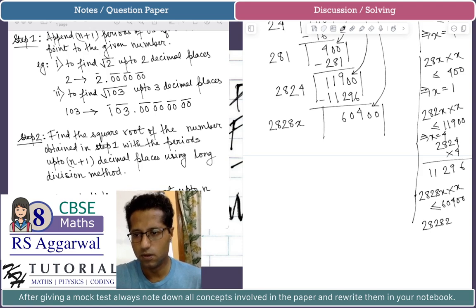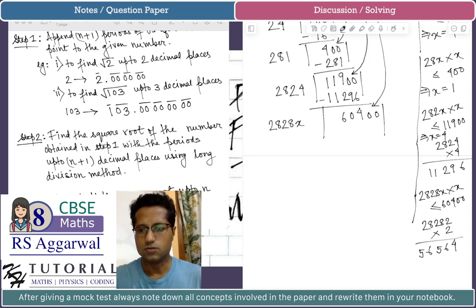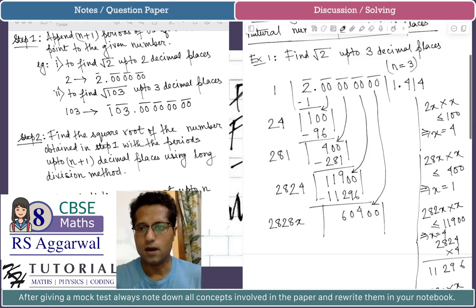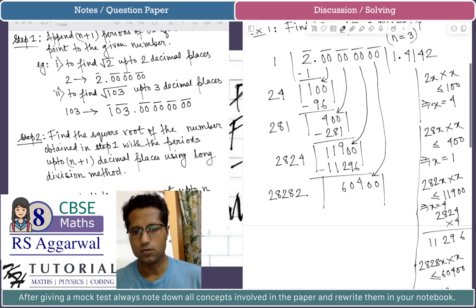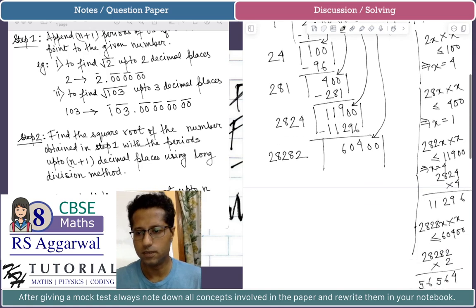28282 multiplied by 2 is 56564. So x is 2. We put 2 over here, and also we append 2 in the quotient.